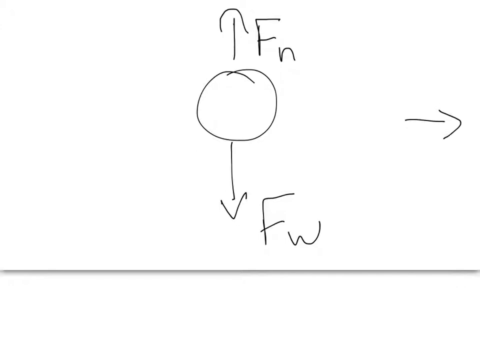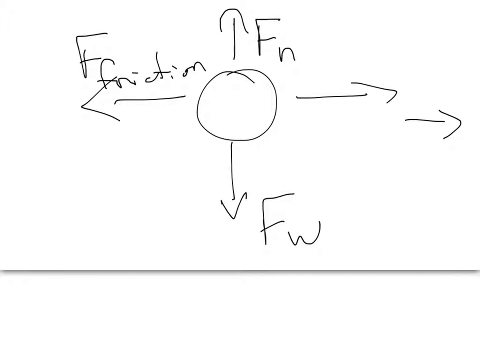With the ball, you have a force going down, which is the weight. What's going up is called the normal force. If the ball is rolling this direction, the opposite direction is the force of friction. And the force that goes this way is what we call the applied force. Basically this is a force diagram, what they're trying to say.